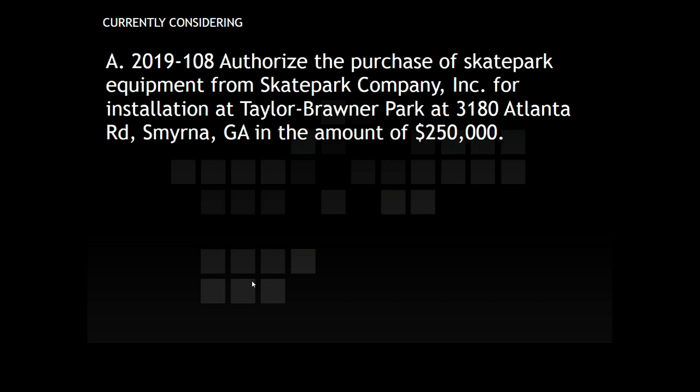It'll include benches, trash receptacles, and park signs in the design plan. Note that some of the citizens have shown concern about noise late at night, but you have assured them that the park will close at sundown. The total amount of the park funding will include the equipment and the installation, but not the future maintenance of the park.